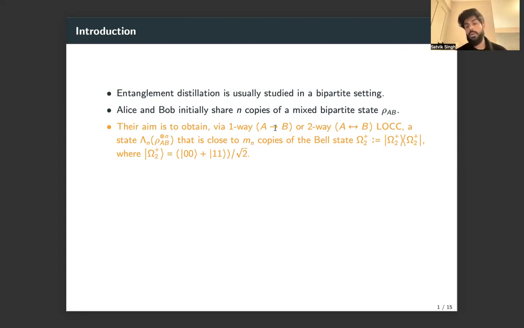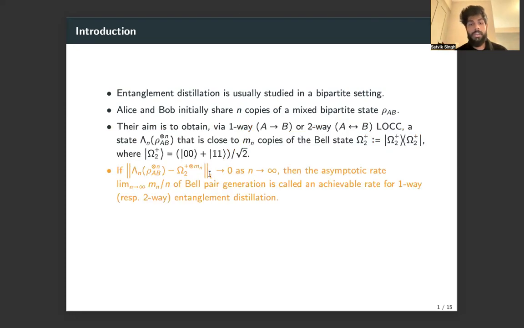If you just have one-way communication, then we say that the procedure is one-way LOCC, or if we have back and forth communication between the two parties, then we call the procedure two-way LOCC, or two-way local operations assisted with classical communication.